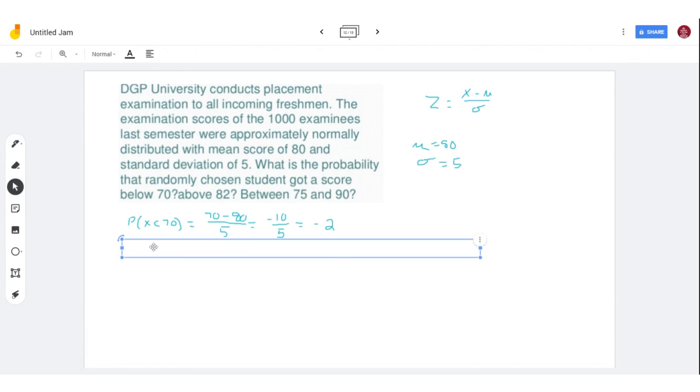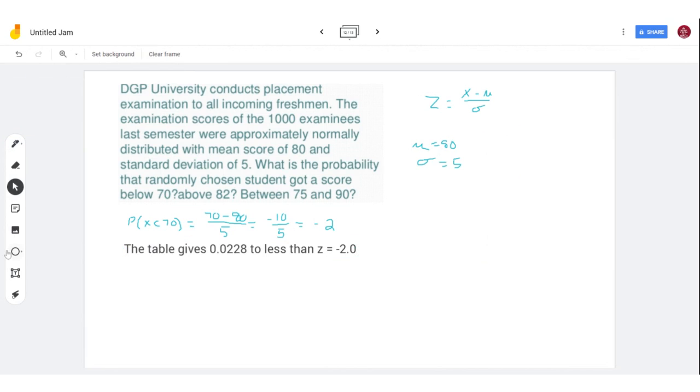I'm just going to put the table. So we just got to remember that we bring that back, and that's the probability.